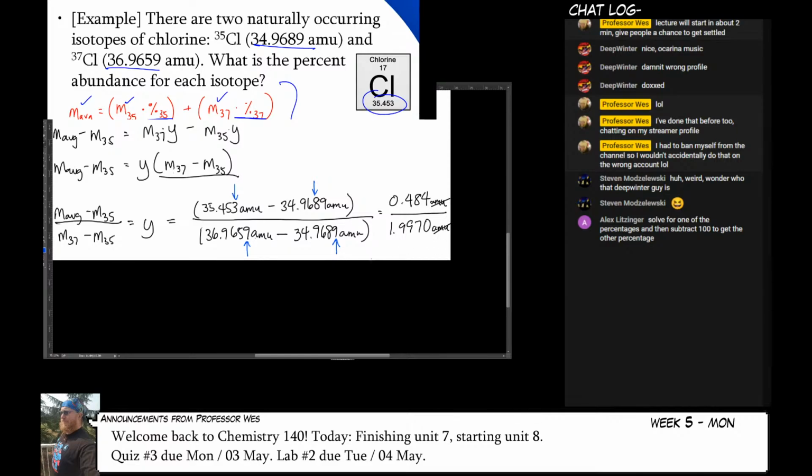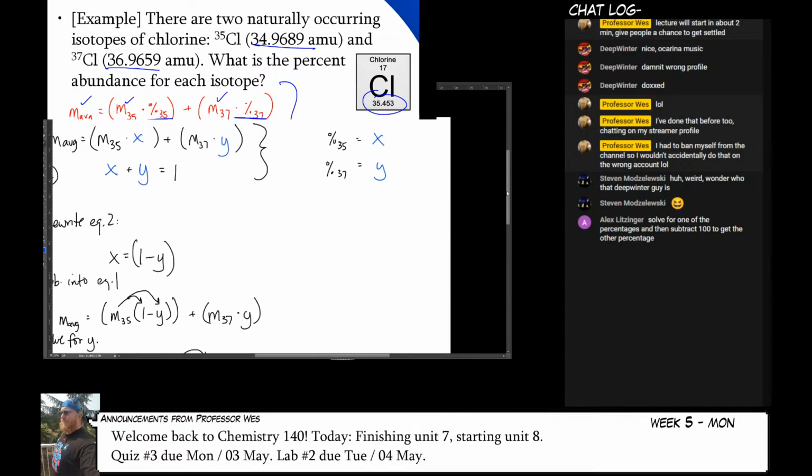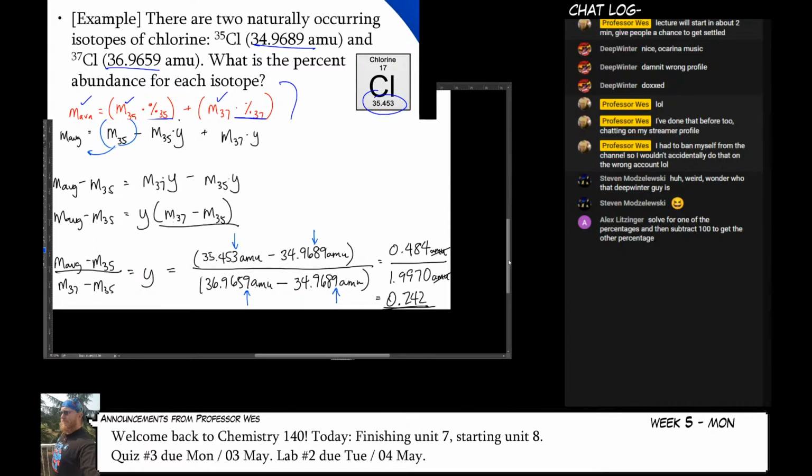The AMU cancels out. And now I have a 3-digit number divided by a 5-digit number, which gives me a 3-digit number, and that number is this. So by doing all this algebra, we have calculated that, what did we solve for? We solved for y.